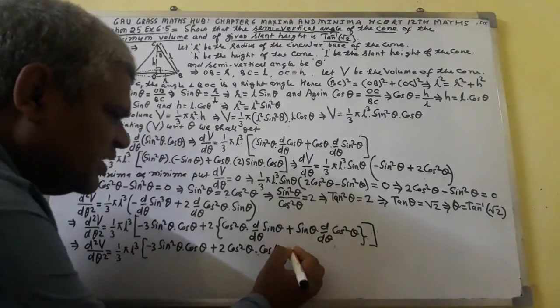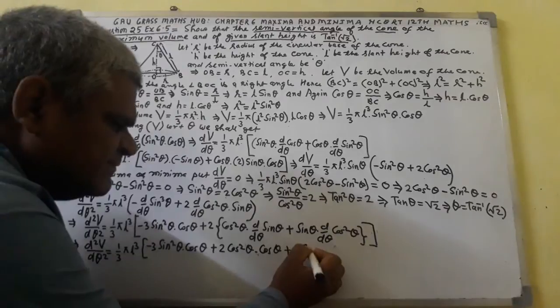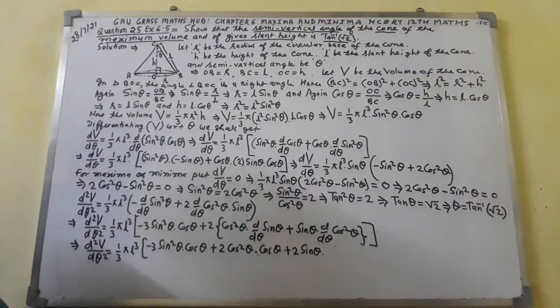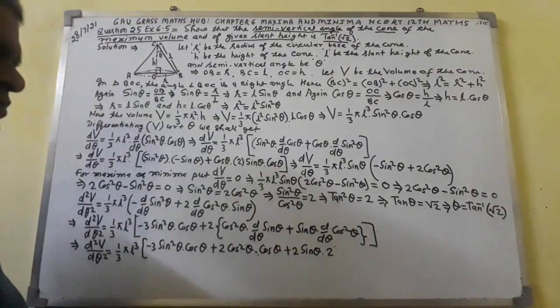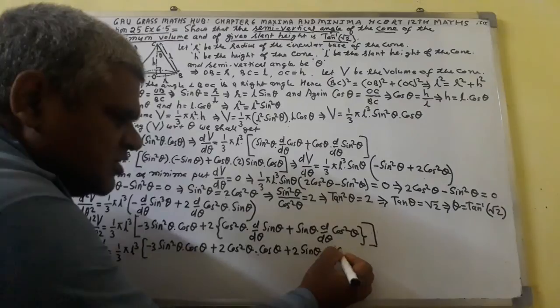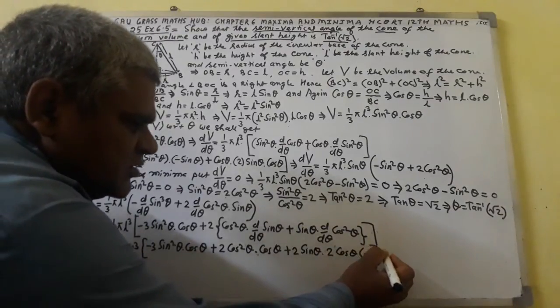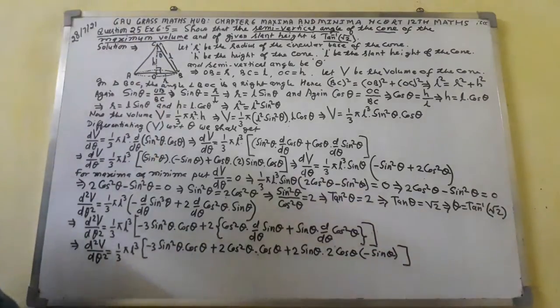Again I shall write plus 2 sin theta. Here write 2 cos theta in bracket minus sin theta. Now calculate this one.